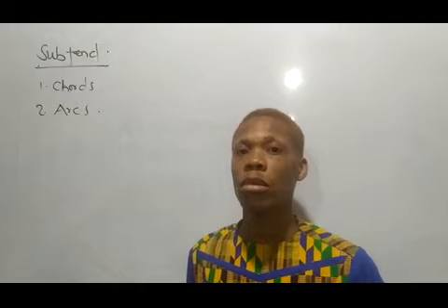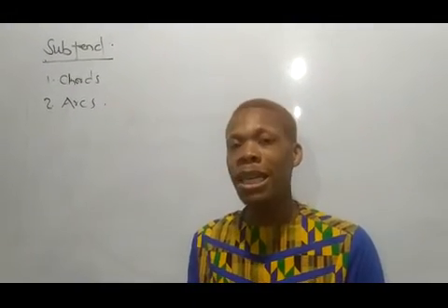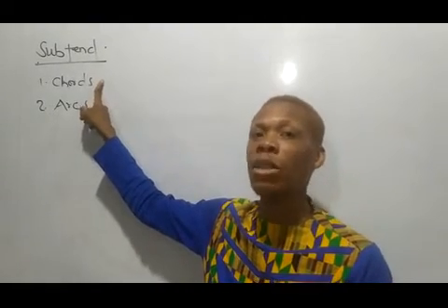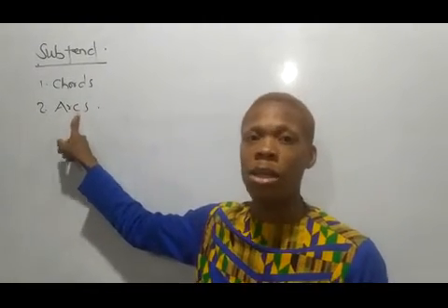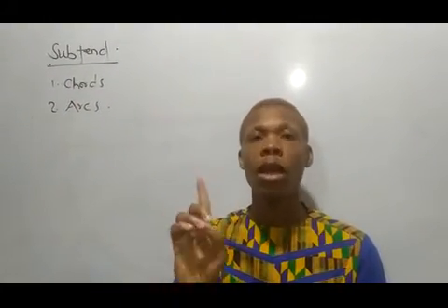So anytime a question tells you that a given line subtends an angle, you should know that that line is a chord. Or if they tell you an angle is being subtended, then you should know that it is either a chord or an arc that will subtend the angle. It is only these two things that we use to subtend an angle, either a chord or an arc.